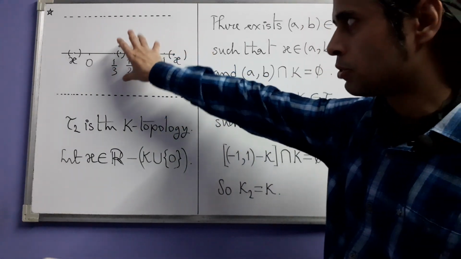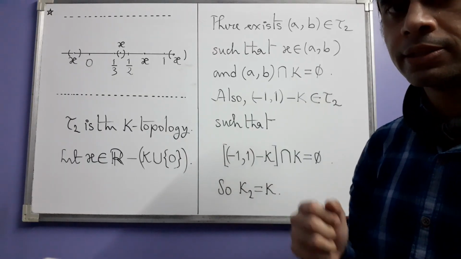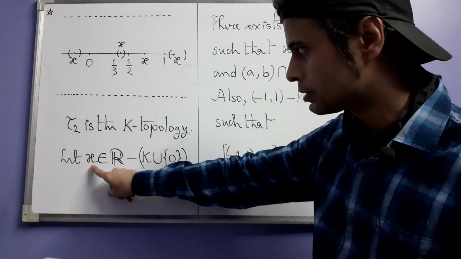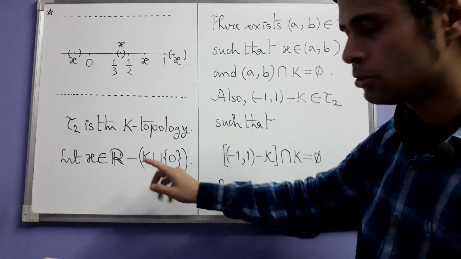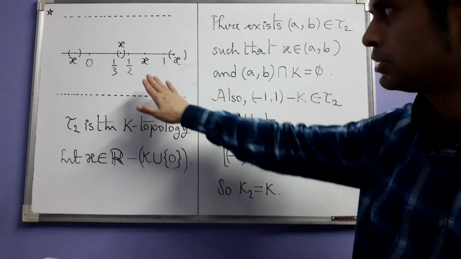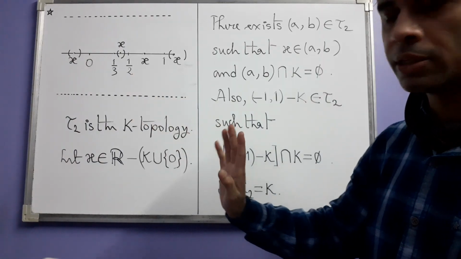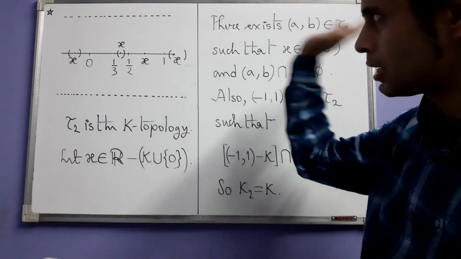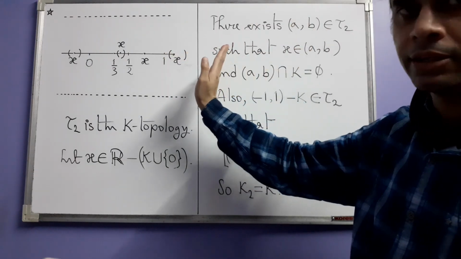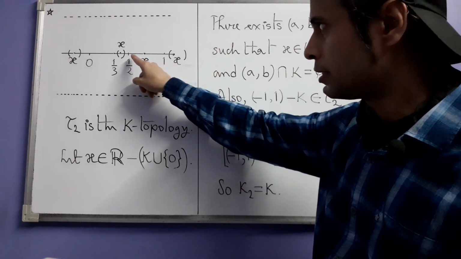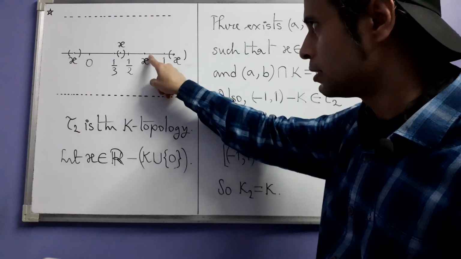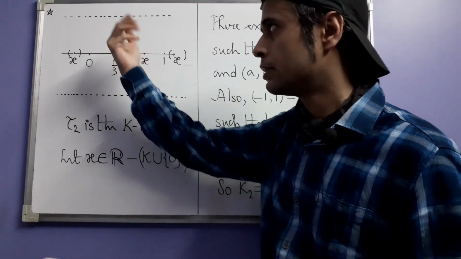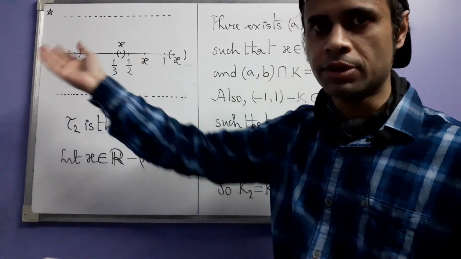So all the points, when you collect them, you get the set K. Now what we are saying is that x is a real number which is not in K. That means it is not a reciprocal of some positive integer and also it is not 0. So x can lie entirely on this side to the right of 1, or x can lie in between two such points, say here or somewhere else here. x can also lie entirely to the left of 0.